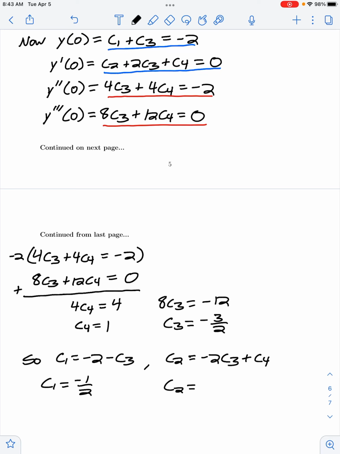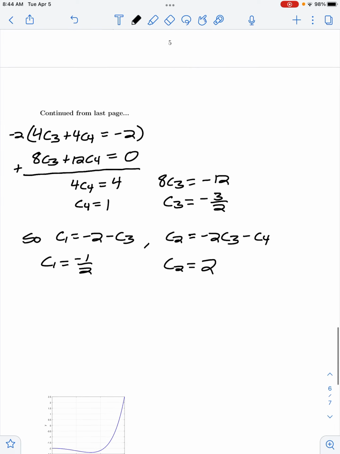So negative 2 times c3 would be a positive 3 plus c4, which is 1, leaving me with a value of 3 plus 1, or 4. Oh, excuse me, my c2, when I solved for c2, it was negative 2c3 minus c4. So we have a positive 3 minus 1, or 2 for that constant.